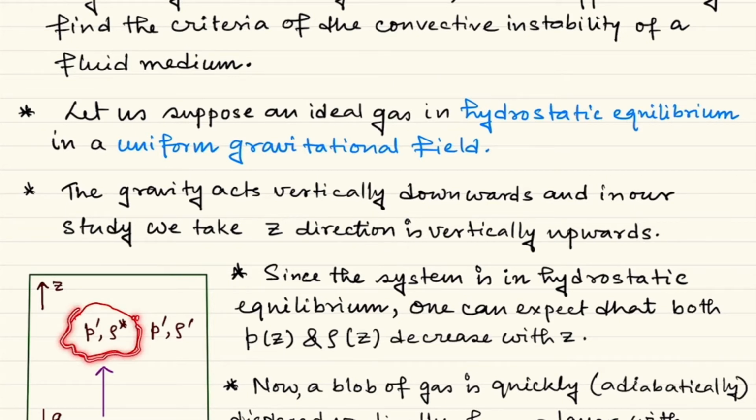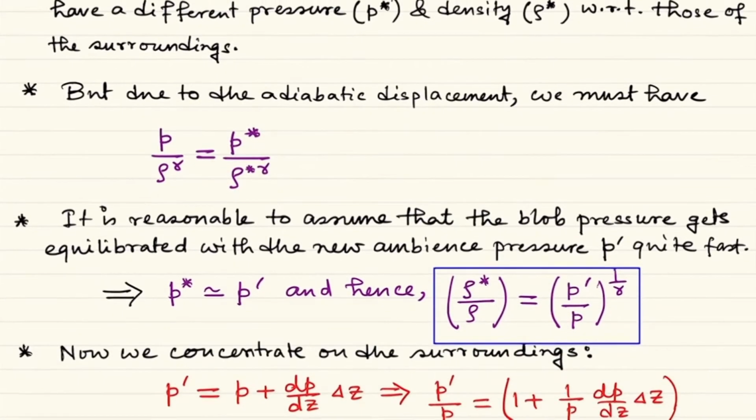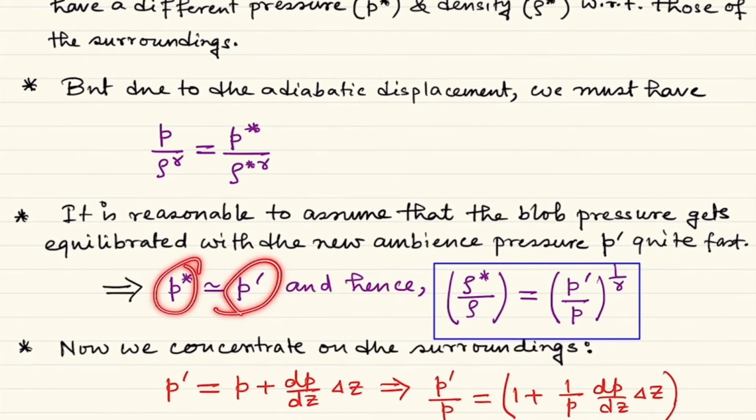So mechanical equilibrium will be very quickly established. And actually, you may know that mechanical equilibrium for fluids is established much faster than thermal equilibrium. So P star can almost be equal to P prime. However, rho star and rho prime are significant. They are not equal. Okay, they are different.